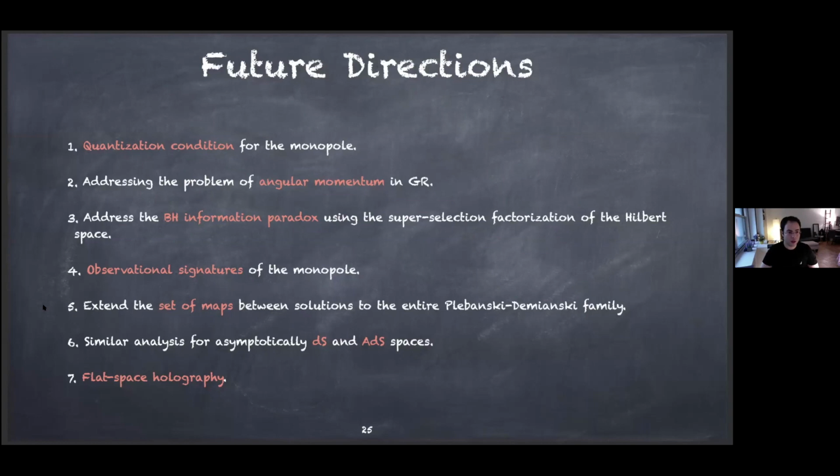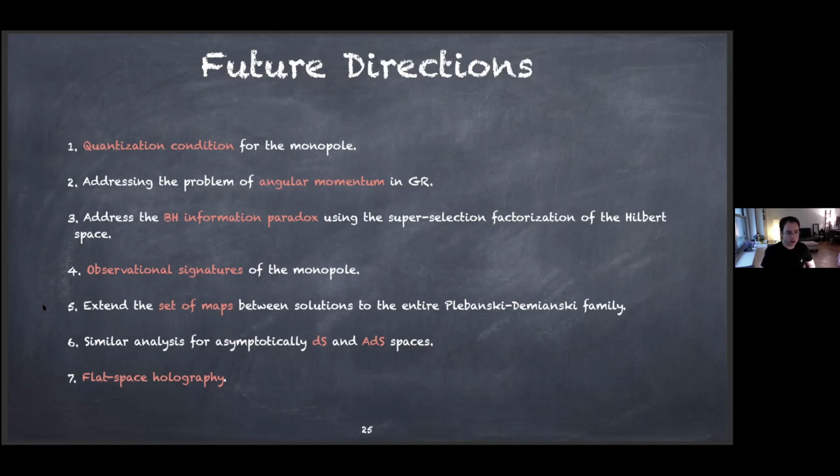We also try to address the problem of angular momentum in GR using these tools. I think that it will also be interesting to see if the superselection structure that I described can be useful in addressing the black hole information paradox.